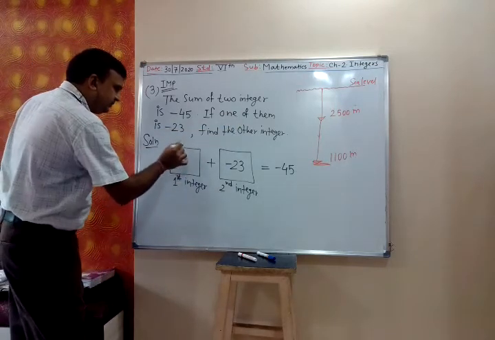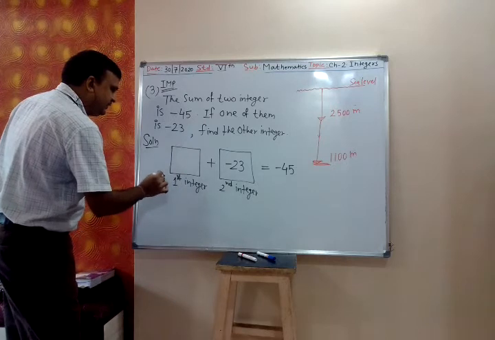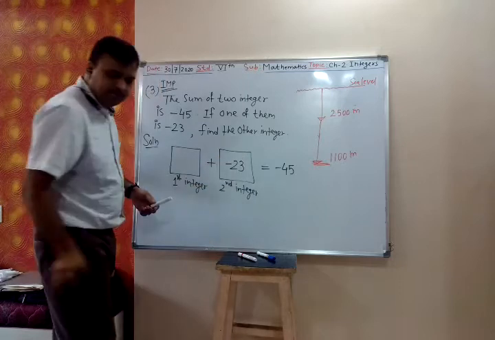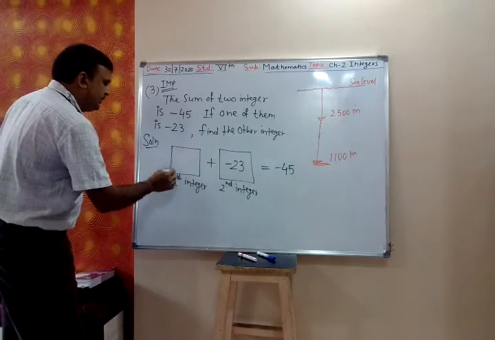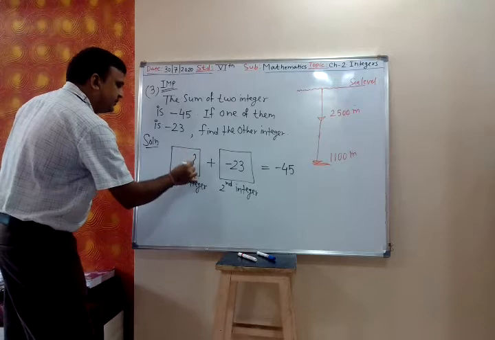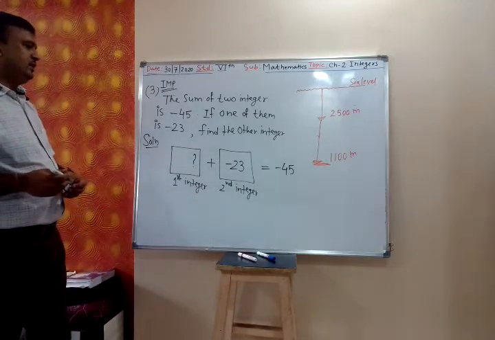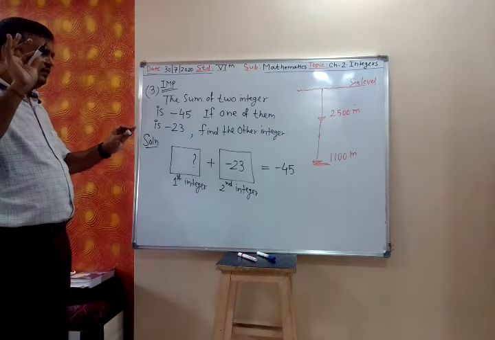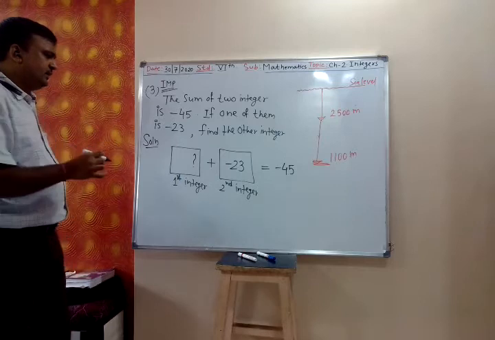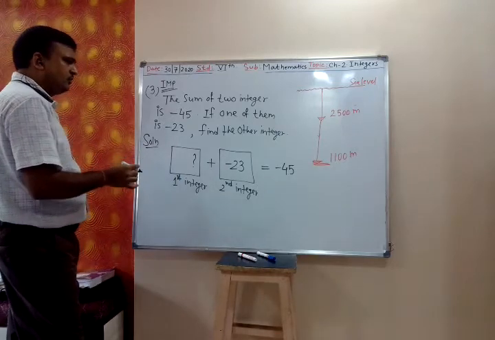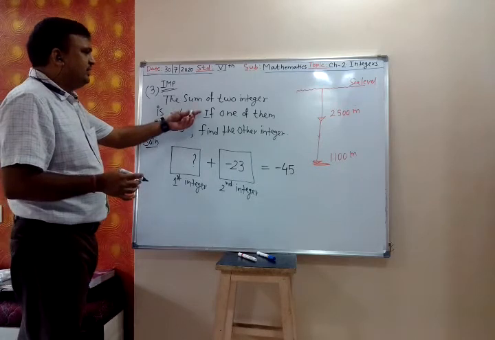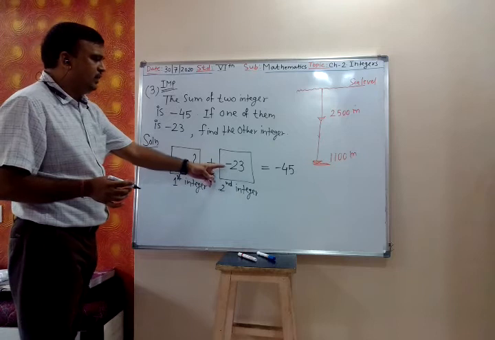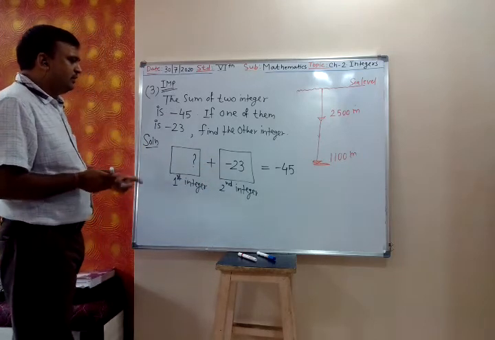So this we have to find. You are not reading the question. If one of the integers is minus 23, find the other integer.